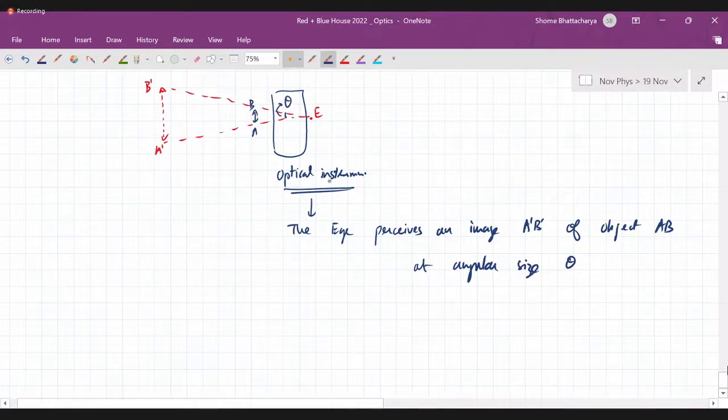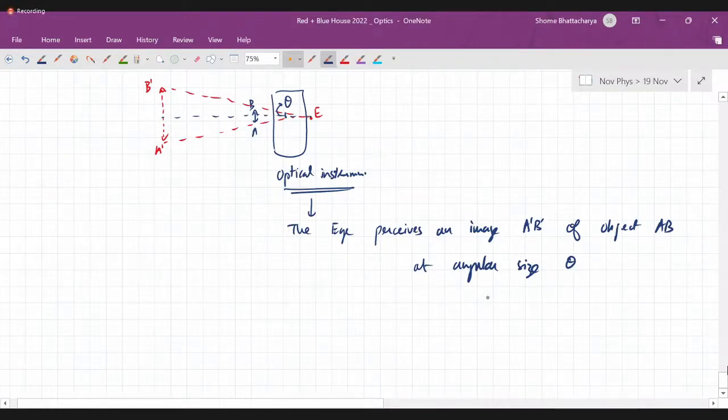Whatever this optical instrument is, we'll see different types of instruments. When we are looking at the object through the instrument, then instead of the object, we are perceiving the image of the object, which is at a larger distance and has the angular size theta.